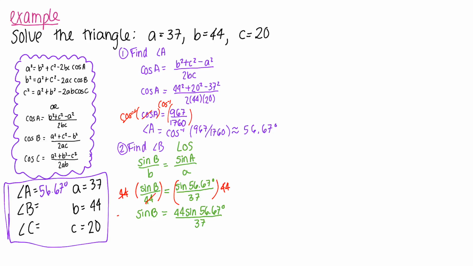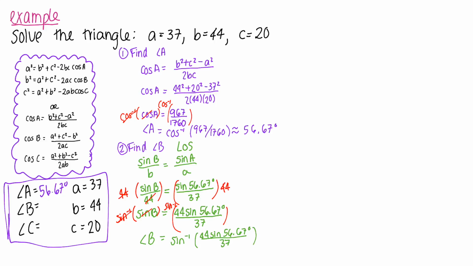And then to get angle B by itself, we will take sine inverse on both sides. So we get angle B is equal to sine inverse of 44 sine of 56.67 degrees all over 37.